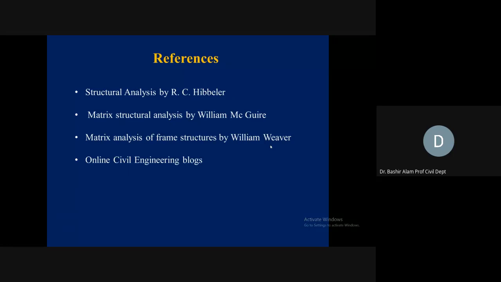Now we put all these member interactions on the member, and the externally applied loads also, we draw the shear force and bending moment diagrams. And once that is done for each and every member, then we draw the combined shear force and bending moment diagrams.